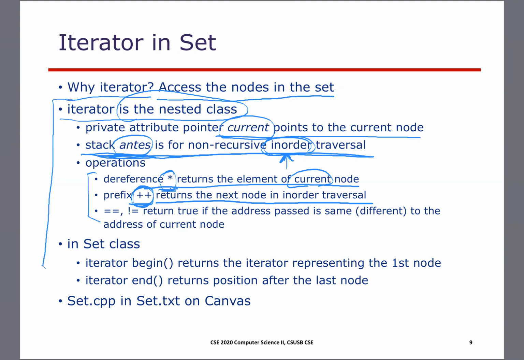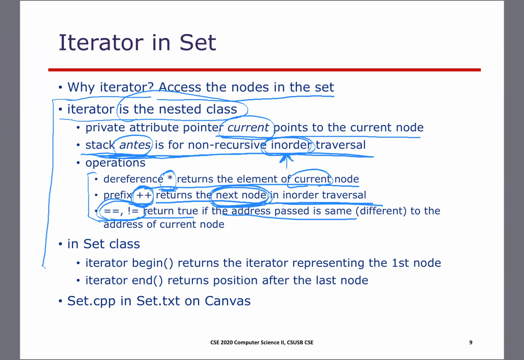This is a binary search tree, so it has a unique in-order traversal sequence. This next node means the next node in the in-order traversal sequence. Okay, the equal to and not equal to operators compare the address passed with the address of the current node.